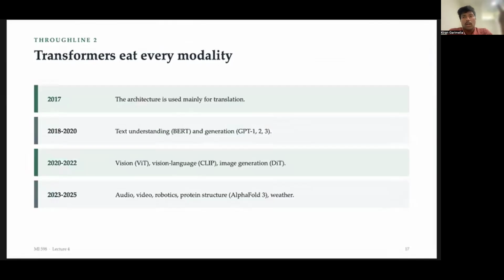Audio, where you can now generate really good quality audio, and video. Robotics is the next big frontier that will be solved pretty soon, or at least there'll be a big breakthrough happening.